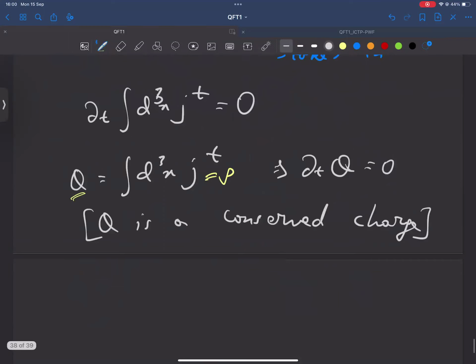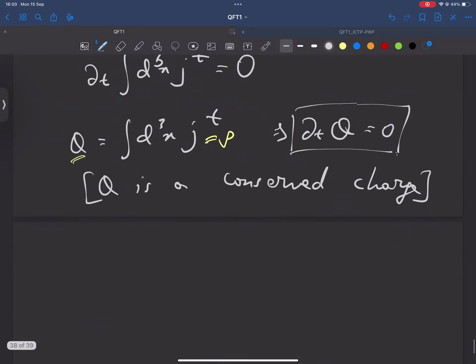What this equation says is, if you measure the charge at this point in time, and you wait for some time, let's say 10 seconds, 15 seconds, or a year, then if that's the only symmetry of your theory and there are no other things disturbing your theory, this quantity Q will still be the same. So it's independent of time. That's what conservation means here. And when we quantize this theory, we will have something more to say in the quantum theory.